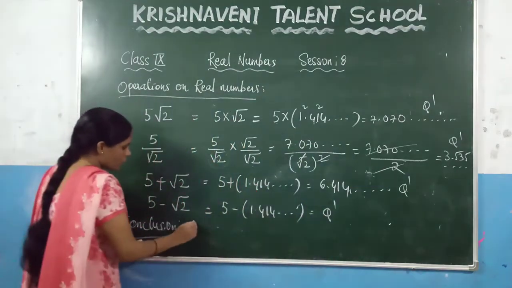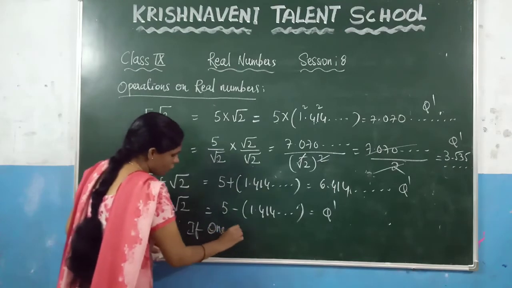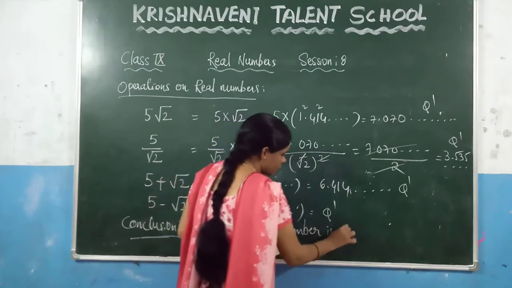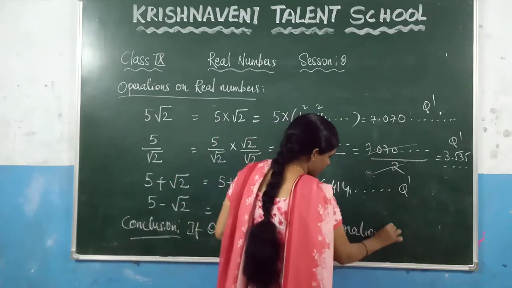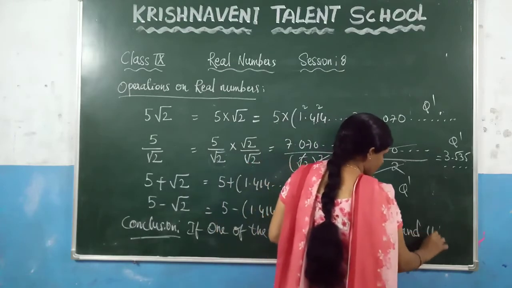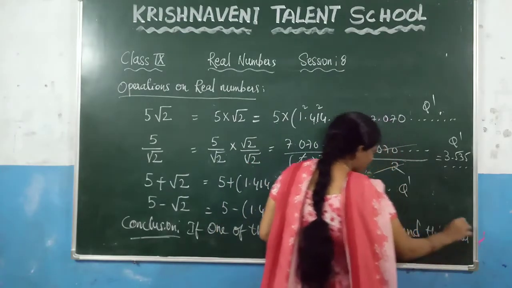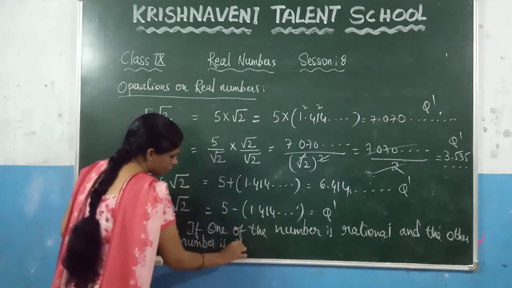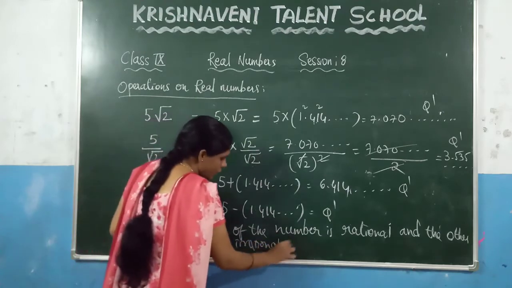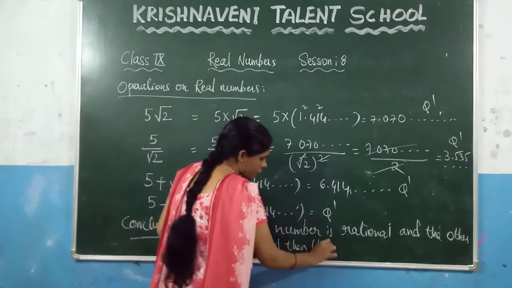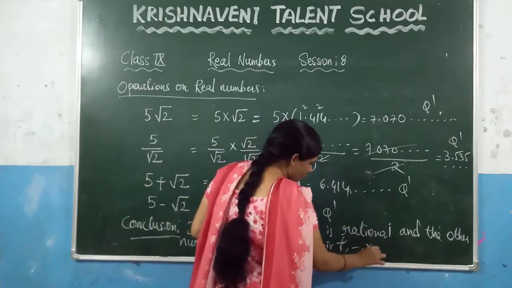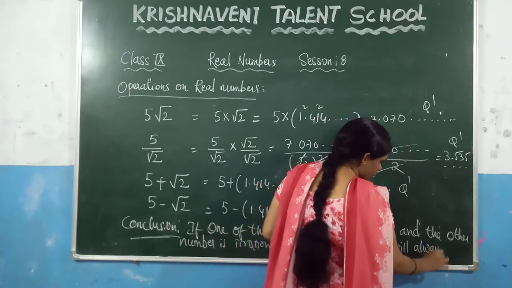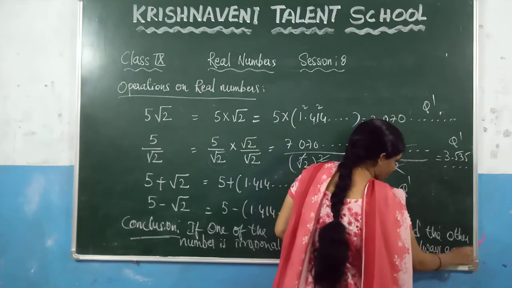So here write: if one of the numbers is rational and the other number is irrational, then their addition, subtraction, multiplication, division will always be an irrational number.